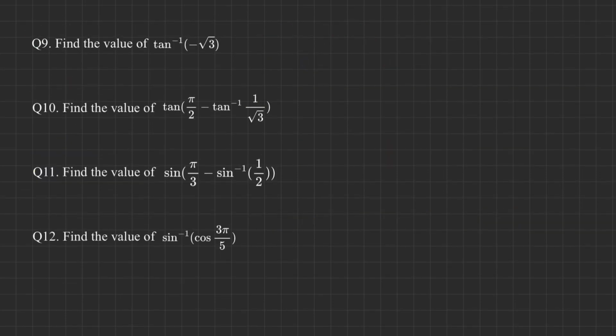Question number 9, here we have tan inverse of minus root 3. The question is given differently, but it's similar. So here, in place of root 3, we can write tan 60 degrees, that is tan pi by 3. I want you to recall one formula, that is tan of minus theta equals minus tan theta.